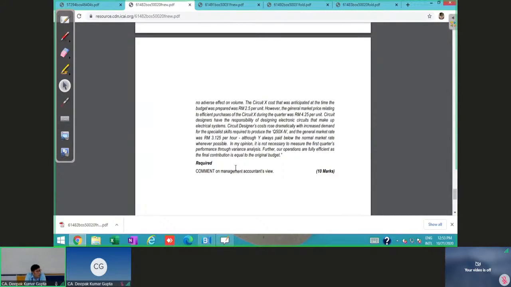Another query is also from Ambika. Sir, in case of a learning curve problem, will the index always be given in the question? Ambika, to solve a particular problem of learning curve, you have to either follow the concepts of the learning curve ratio, or you can compute through the learning curve formula.